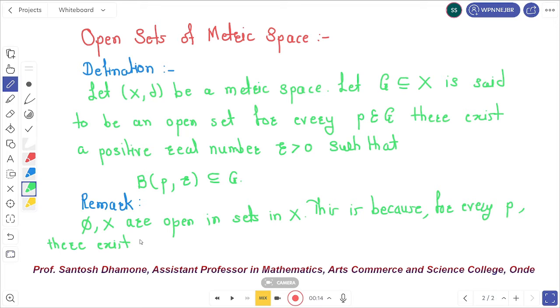For every metric space, the empty set phi and the set X itself are open sets.